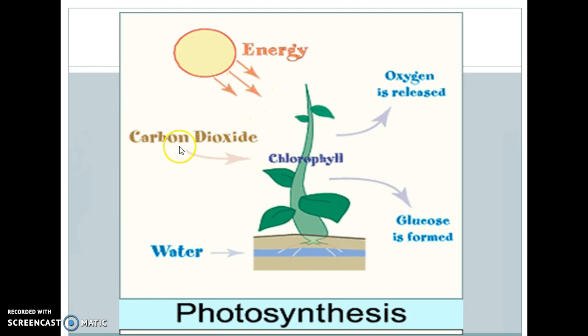It also absorbs the carbon dioxide through the leaves, called the stomata, underneath here, which gives it its beautiful color, and it wouldn't be able to do that without the chlorophyll. And let's not forget the water. So the water is absorbed through its roots, and then it travels throughout the whole entire plant.